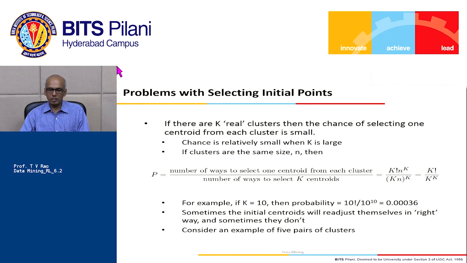Even if the number of points is some large number and the number of clusters we want is 10, the probability of getting the 10 points within those 10 distinct clusters is very, very small. So sometimes they adjust themselves in the right way and sometimes they don't.